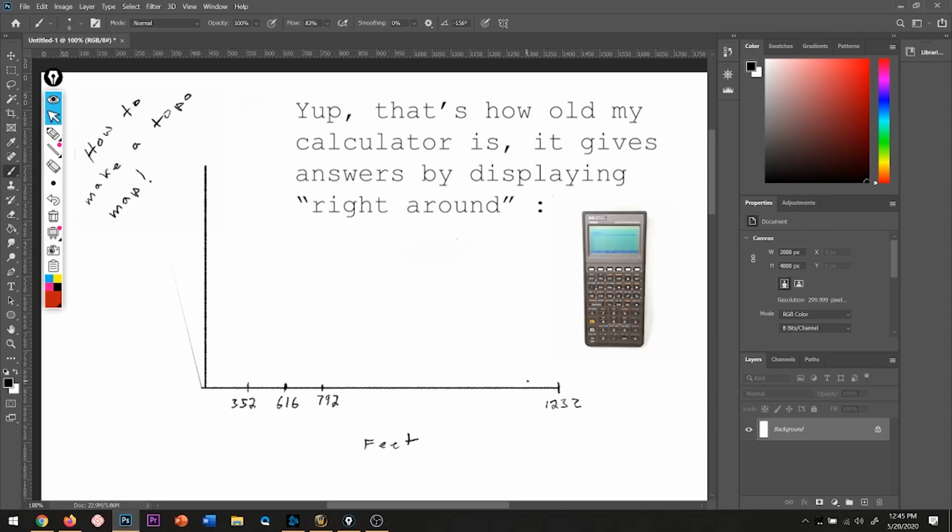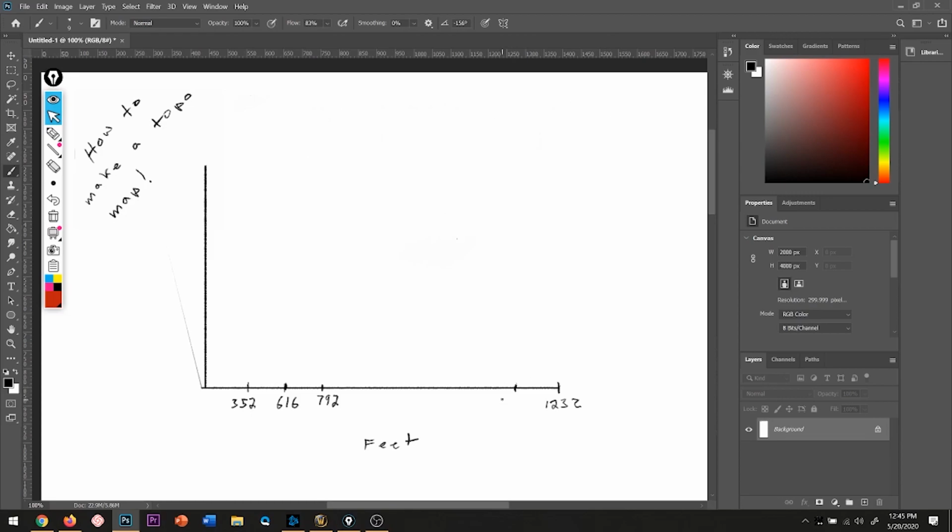So let's go way over here. About right there. Put 1100. Kind of estimated that one. This whole thing's an estimation. And there we have our spots.